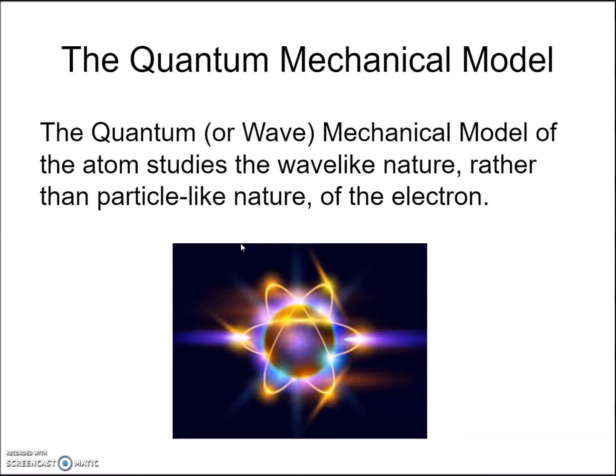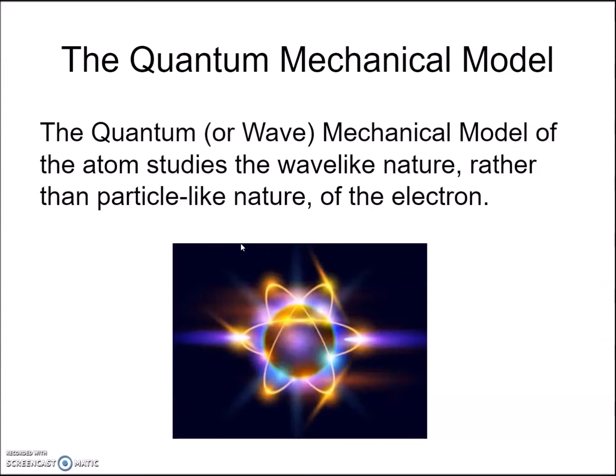In this model, we're studying the wave-like rather than the particle-like nature of the electron. Think back to the first note set in this unit where we talked about light having both a wave-like nature and a particle-like nature. And up until now, we've been focusing on photons, the particles of light being emitted from atoms. But there's another half of the story, and that other half is the wave-like nature, not just of light, but of all things.